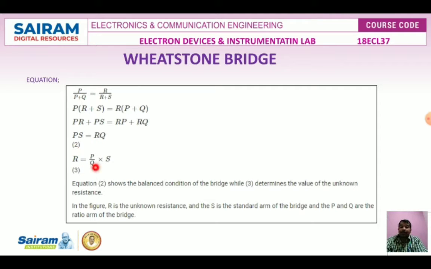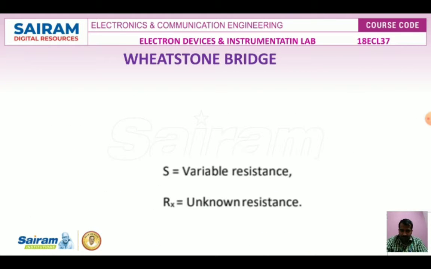This is the formula to find R. By using the formula, we can find P by Q ratio into variable resistance. This shows the balanced condition of the bridge to determine the value of unknown resistance. R is the unknown resistance, S is the standard arm of the bridge, and P and Q are the ratio arms of the bridge.